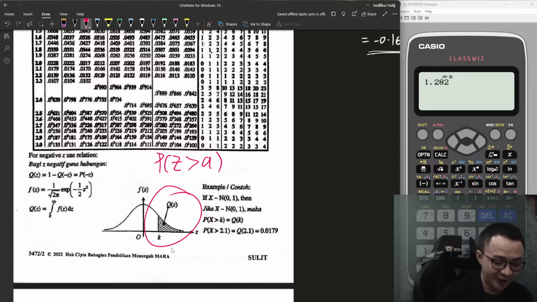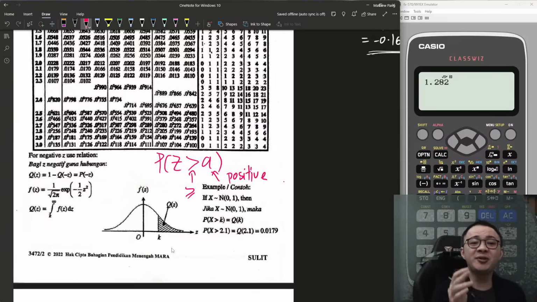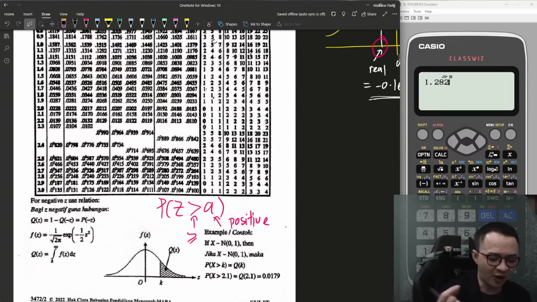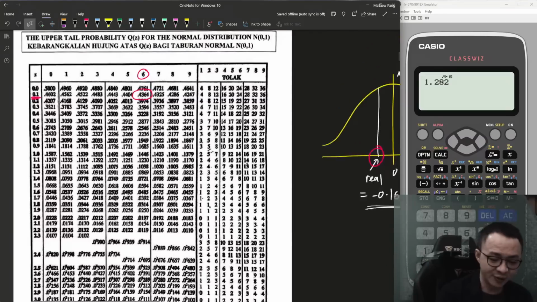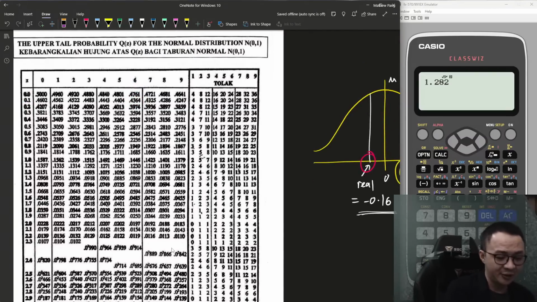So this one must be bigger or bigger equal, and this one must be a positive value. You must fulfill these 2 conditions, then only can you straight away find from the table without analyzing the bell-shaped diagram, or else you will need to analyze the bell-shaped diagram first and solve a little bit, then only you find.